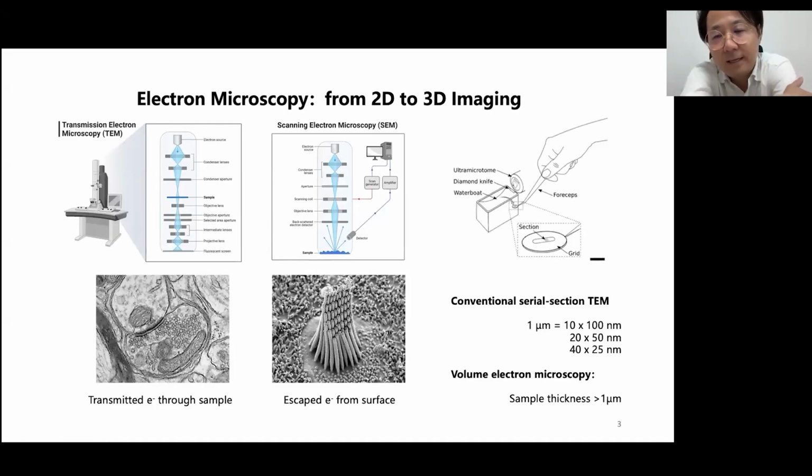But to get the 3D information, the conventional way a long time ago was to cut the sample into consecutive slices and image one after another. For example, for 1 micron, people need to cut 10 or 20 slices and image them. Therefore, by definition, when the sample thickness is larger than 1 micron, the technique we use is called volume EM.